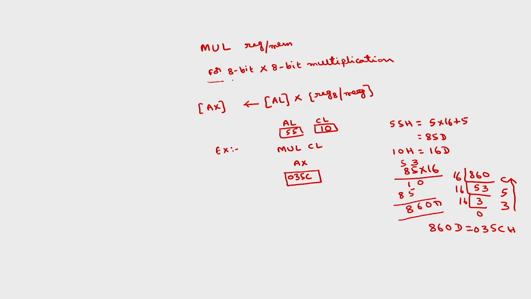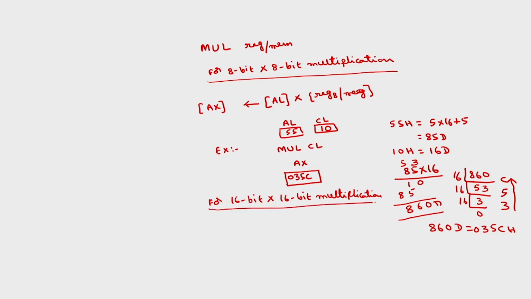For 16-bit by 16-bit multiplication, you specify a 16-bit register or a word from memory. The other operand is by default the contents of AX, and the result is stored in two 16-bit registers, DX and AX.